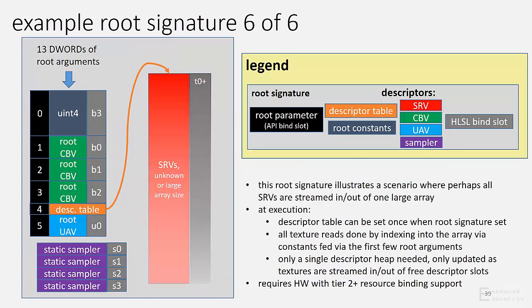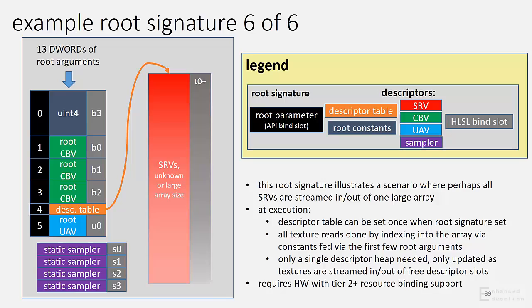This last example illustrates a particularly interesting scenario with the root signature that would only work with resource binding tier 2 or above hardware. This hardware supports declaring descriptor tables with ranges of descriptors of unknown or very large array size, as previously mentioned.